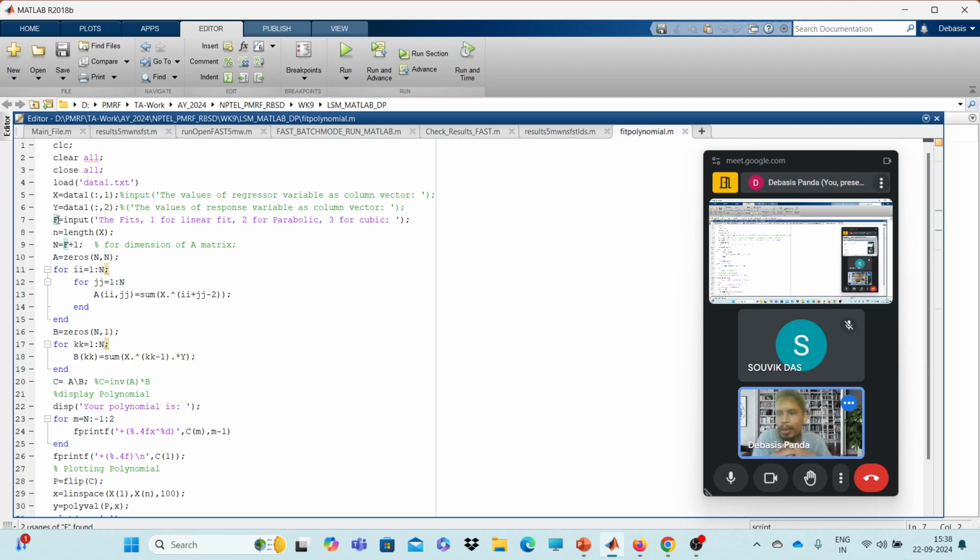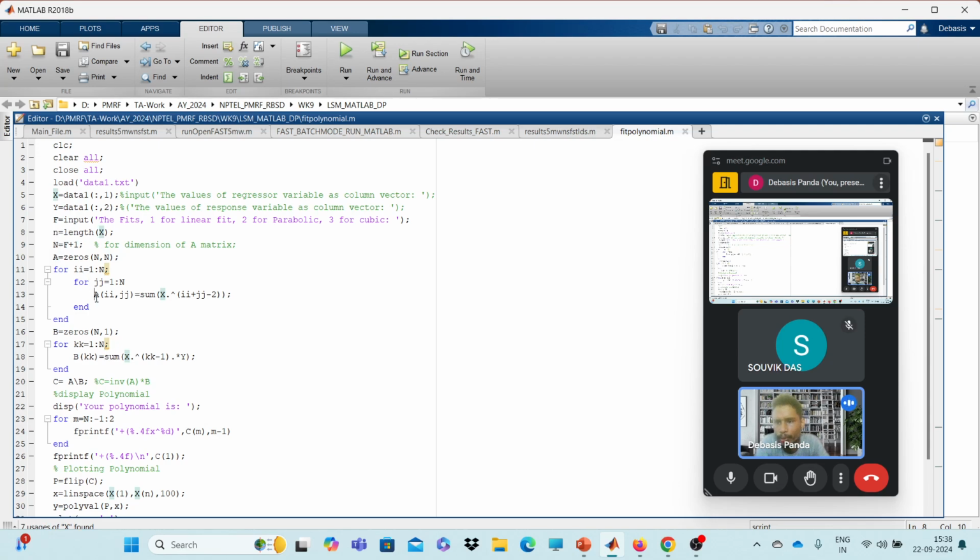Like for 1, it will go for the linear fit. If we put 2, it will go for the parabolic fit, and 3 and so on. We can move up to nth order. The n is the length of x, that means the number of data points we have.